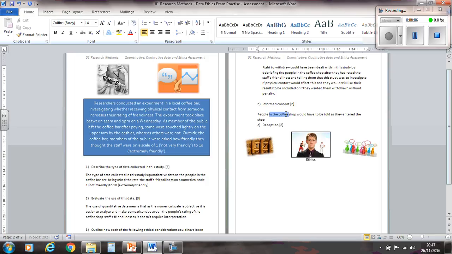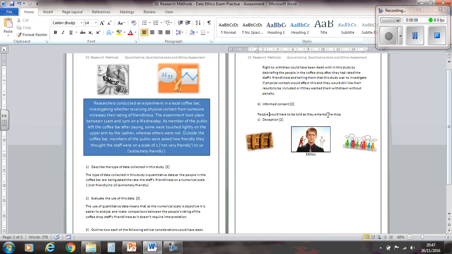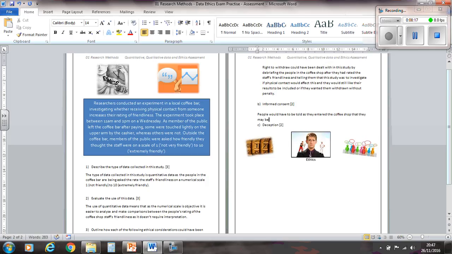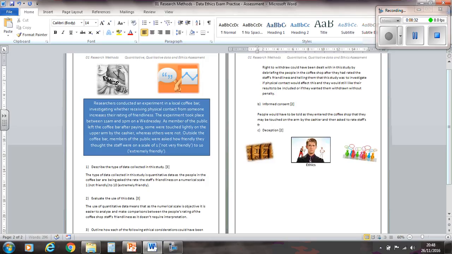In fact, people would have to be told as they entered the coffee shop, and that will reduce the time it takes to do it because it's shorter, that they may be touched on the arm by the cashier and then asked to rate staff's friendliness. They must then agree to take part.